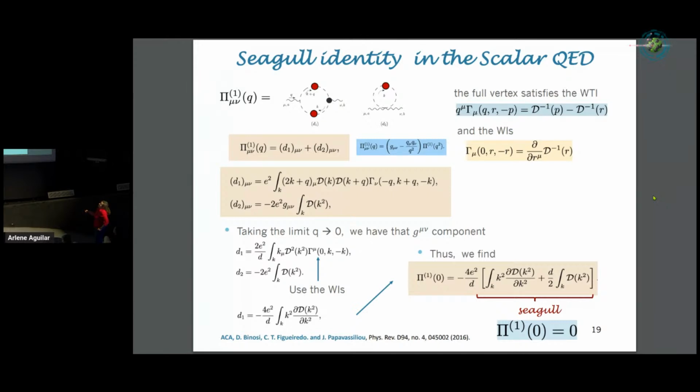So I contract it with the momentum that the photon carries into the vertex, and I get the difference of two inverse scalar propagators. Then in the limit of q going to 0, this Ward-Takahashi identity becomes a Ward identity given by this expression here.